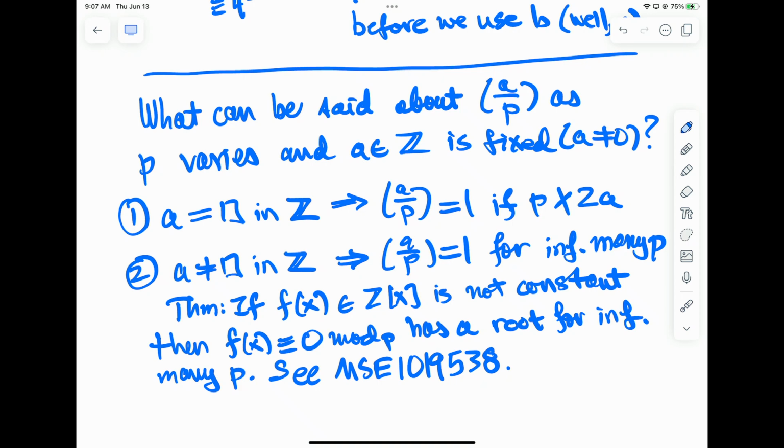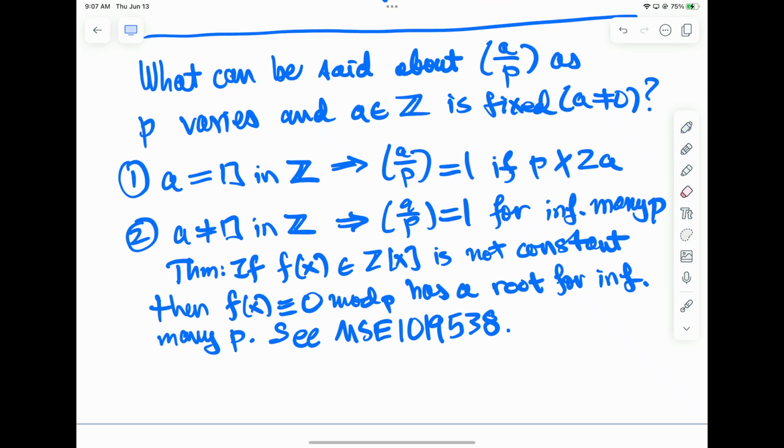So if you find a MathOverflow question on this topic, please let me know. In any case, there's a reference if you've never seen this argument. It's a very elementary argument on the level of Euclid's proof of the infinitude of primes. If you have a finite number of primes at which your polynomial has a root mod p, there's a way to systematically show that there must be an additional such prime.